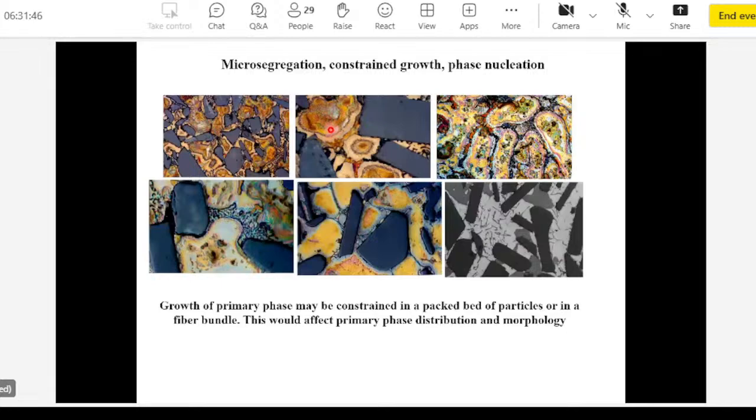Sometimes you also see some new phases. In this case, this is a hyper-eutectic aluminum silicon alloy, which means more than 13% silicon, and primary silicon actually nucleates or precipitates on silicon carbide particles. So a lot of things are happening on a microscopic scale in a metal matrix composite, both in a particle system or a fiber system.